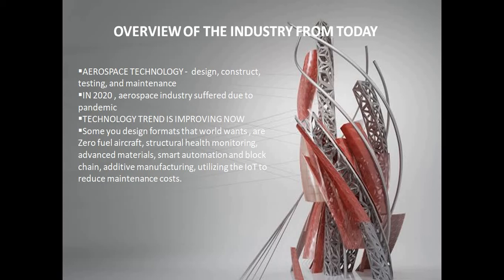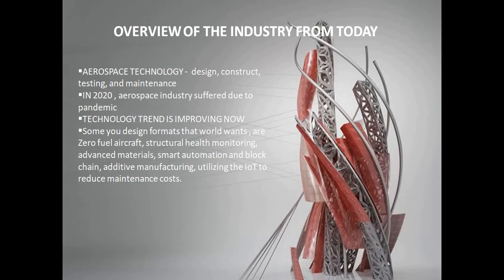And in aerospace technology, as I told you, design, construction, testing and maintenance are the four major pillars. Whenever you model the product design, you have to analyze it and construct it. After construction you go for the testing methods, and testing and maintenance is a different part from design and construction.